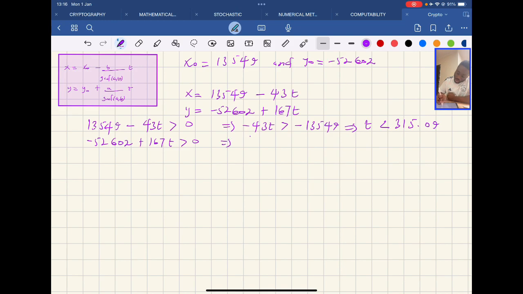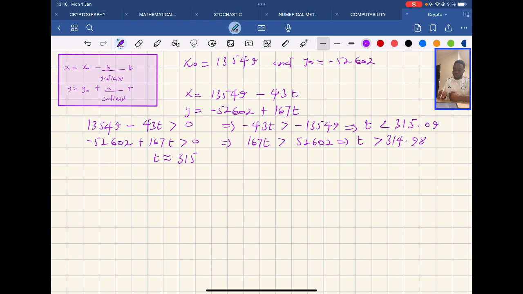In this case we're going to get 167t is greater than 52602, which means t is going to be greater than 314.98. So over here we know that t is greater than 314.98 but less than 315.09, so it means that t is approximately 315.